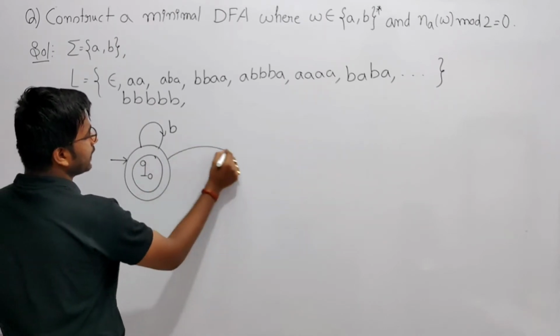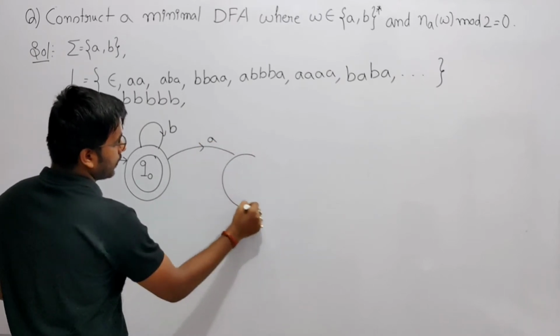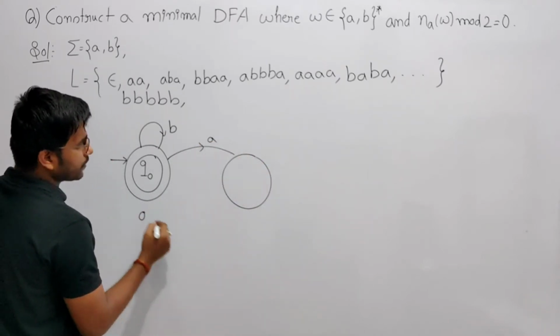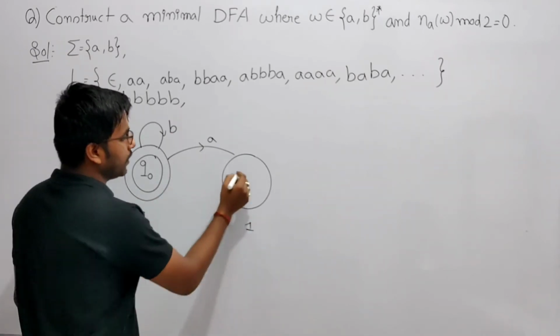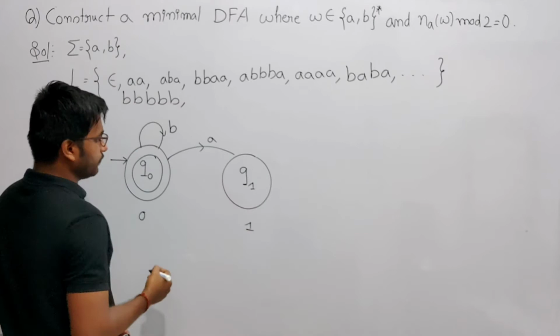Now by getting A, the number of A was 0 here, and now the number of A is 1. So divide by 2, remainder is 1. So Q1 I am using.